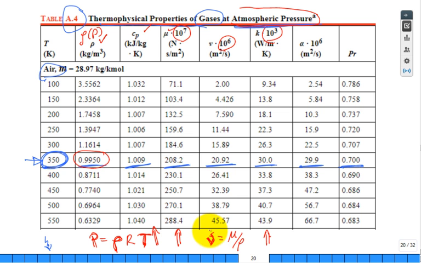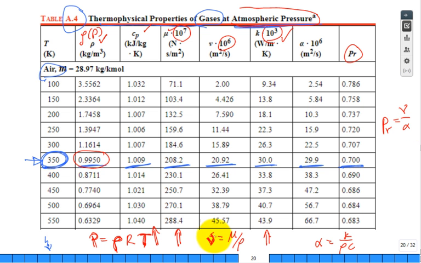Yeah. K is not a function of pressure. What about alpha? Well, alpha is K divided by rho C. Rho is only a function of pressure in that equation, only one. K and C are not. Hence, if you double the pressure, alpha is multiplied by a half. Okay, what about the Prandtl number? Prandtl is nu over alpha.